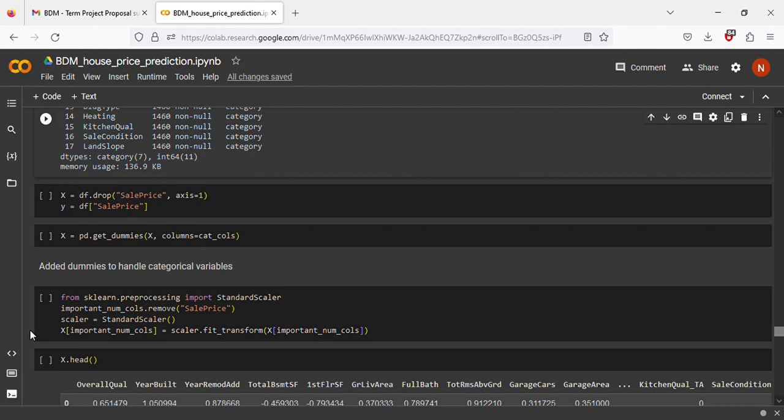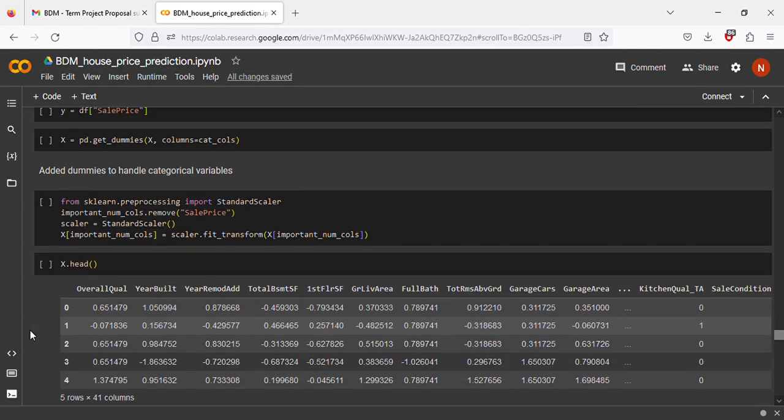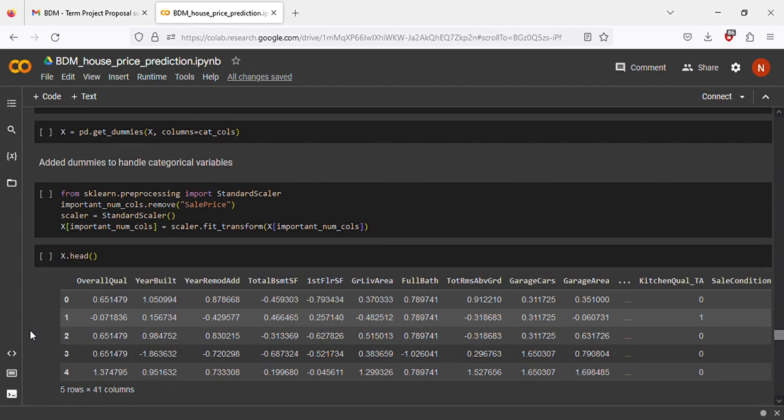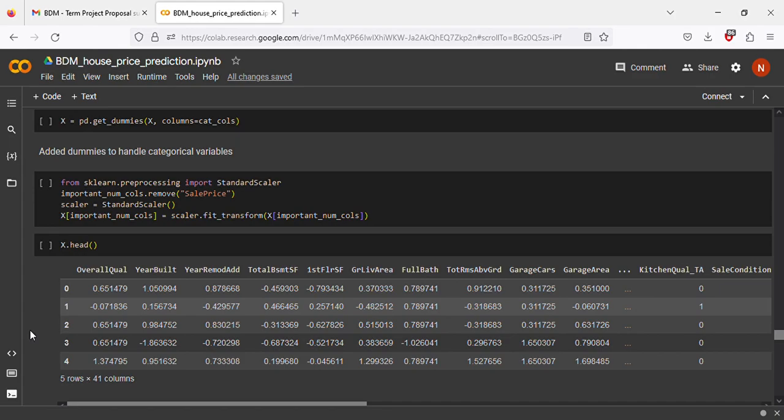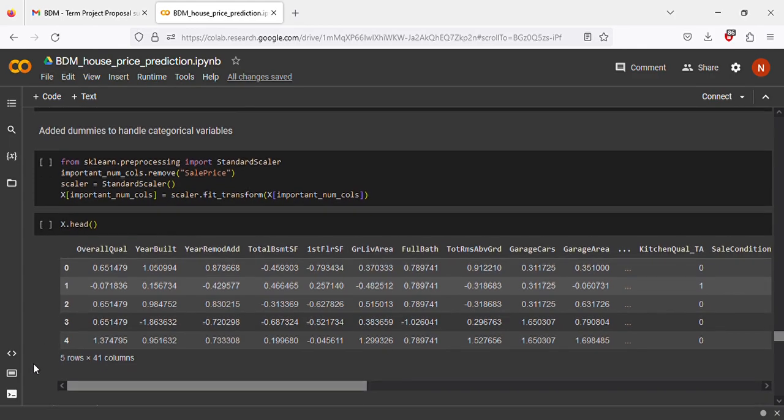Also, the get dummies function is used to convert the categorical variables into numerical variables for model training. So if you look at the head of training data we stored in X variable, we see that now we are ending up with 41 attributes.